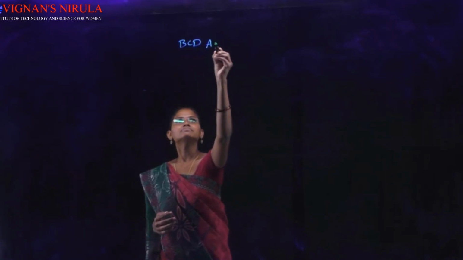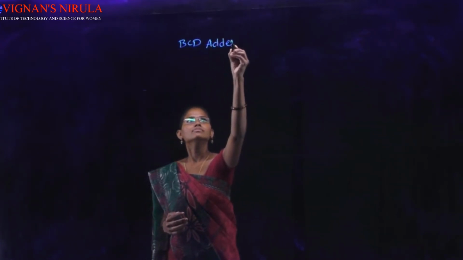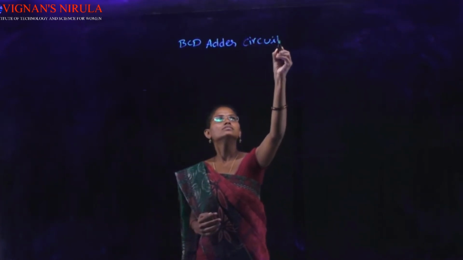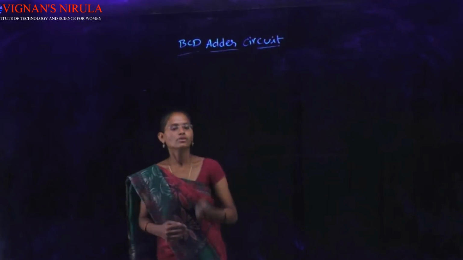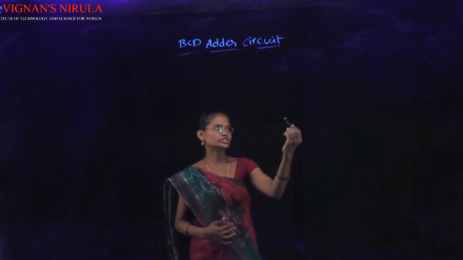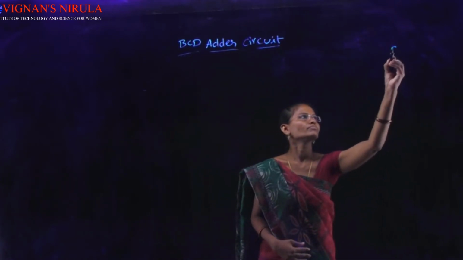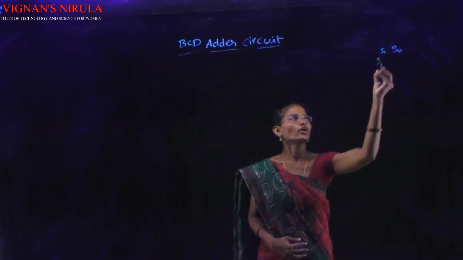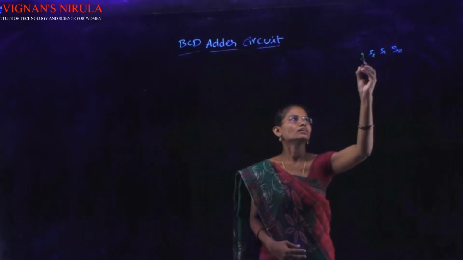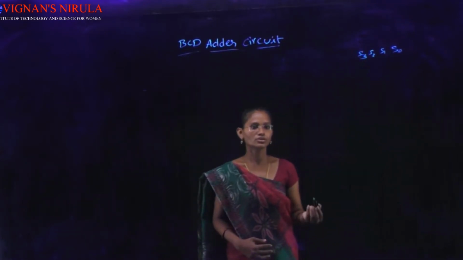BCD adder circuit. Coming to the truth table, BCD number representation is only 0 to 9.